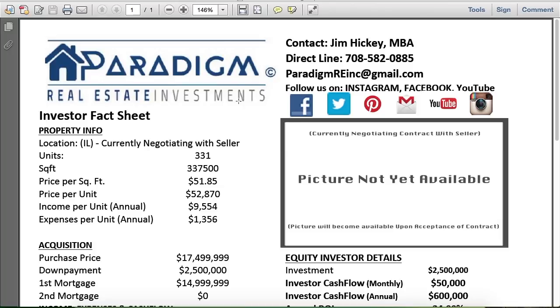So basically we have the number of units, how much square footage there is, rentable square footage, the price per square foot, and then the price per unit. The price per unit is very important. Always think of this price per unit. If this property was converted to a condo, could you sell the condo for that price?